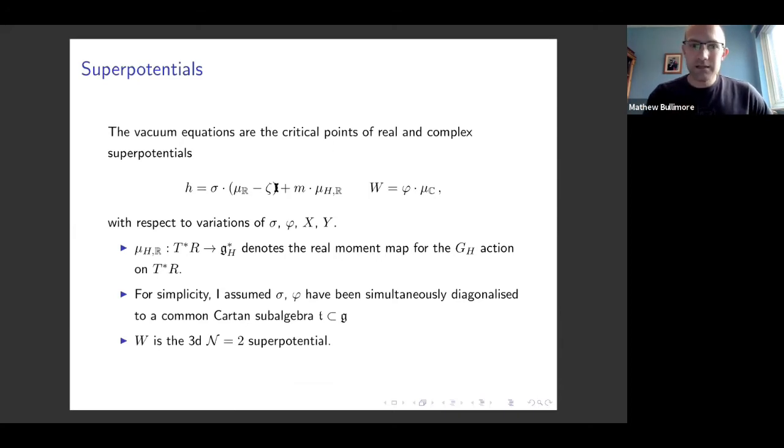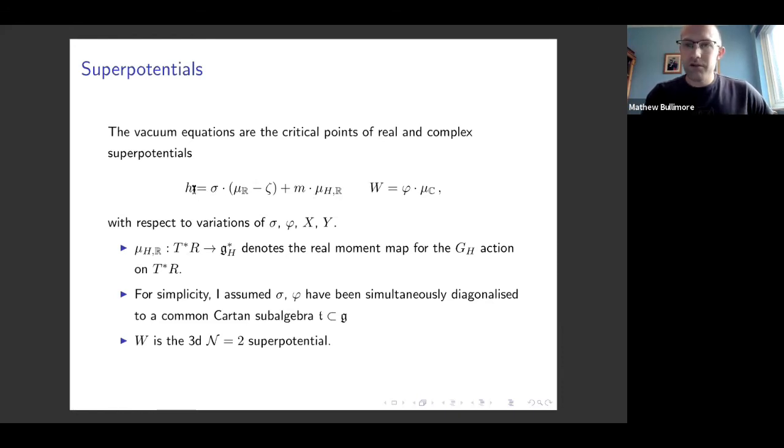So the form they take is fairly nice. If you remember, moment maps are valued in the dual of the Lie algebra. The vector multiplet scalars are valued in the Lie algebra, and so it's natural to pair them together. And that's what's happening here.